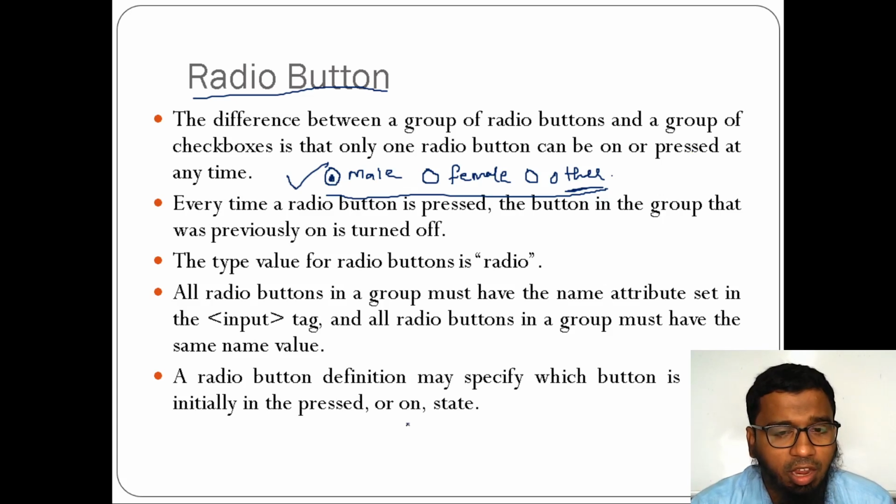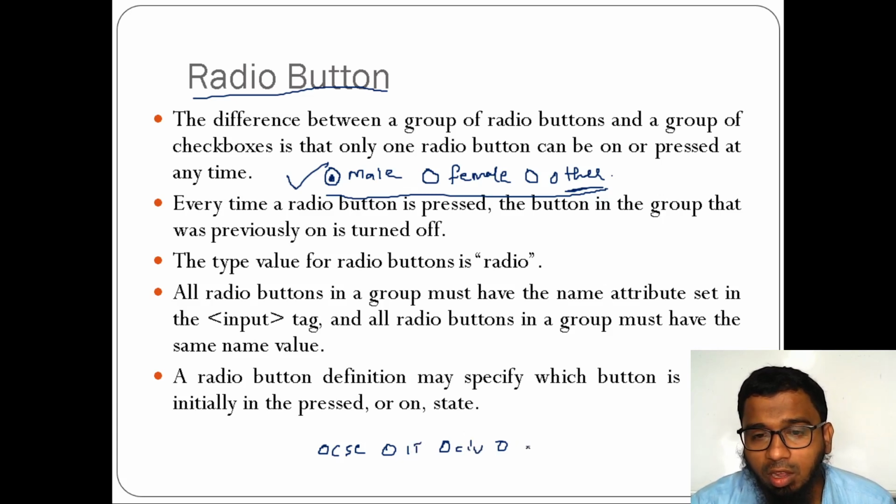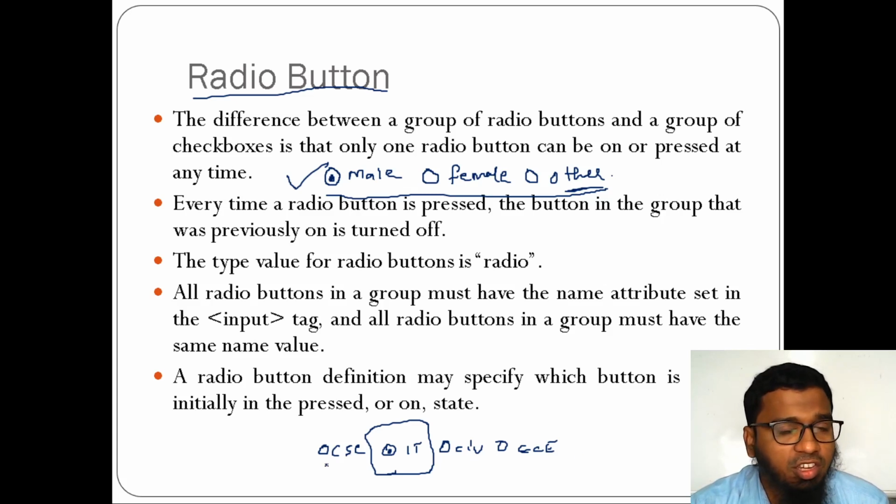Like in engineering, we get circles: CSE, IT, civil, ECE. Any one can be selected. I selected IT. If I am in IT, then I cannot be in civil, ECE, or CSE. Because of that, we use the radio button.